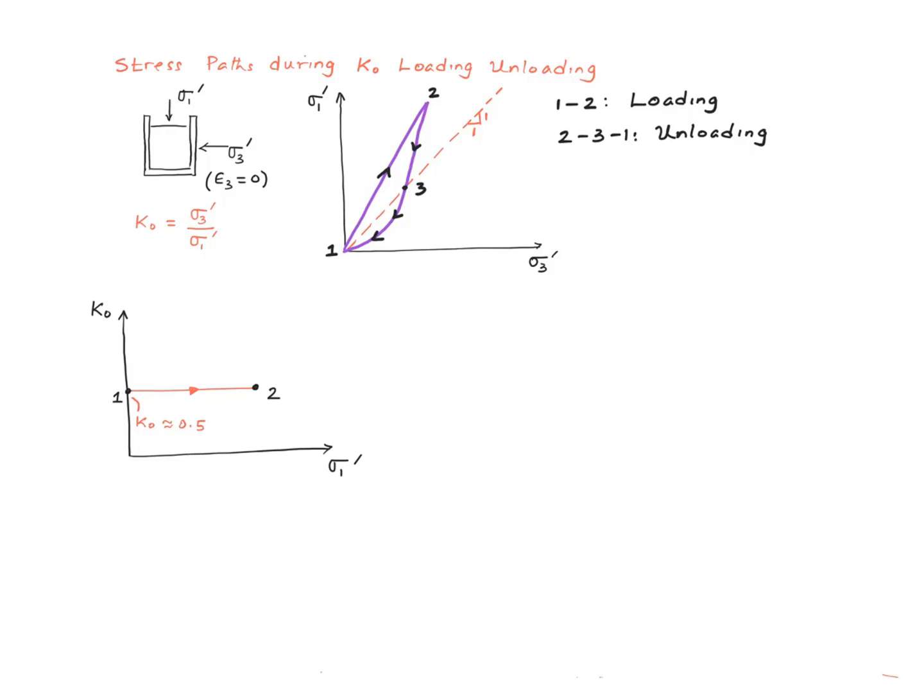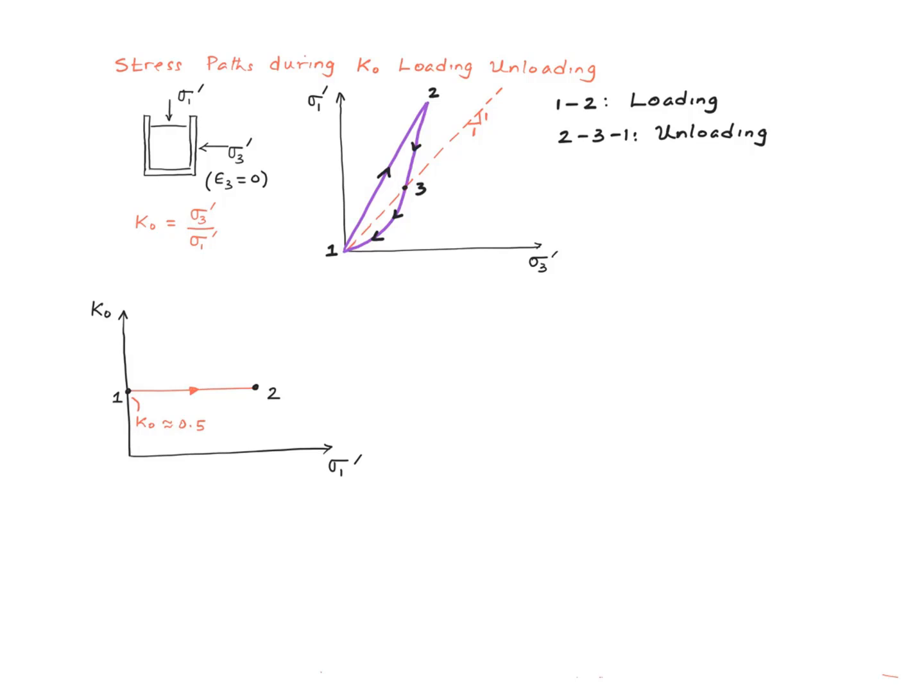So coming back to this again, the unloading relationship is not a straight line. And therefore, the ratio between sigma 3 prime and sigma 1 prime keeps changing. That means K naught is no longer a constant. What's the value of the K naught at this point? Well, this line has a slope of 1 to 1, basically a 45-degree line, right?